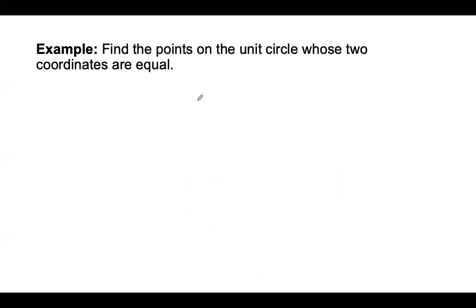So let's look at this example. Find the points on the unit circle whose two coordinates are equal. Well, we just found the unit circle was x squared plus y squared is equal to 1.